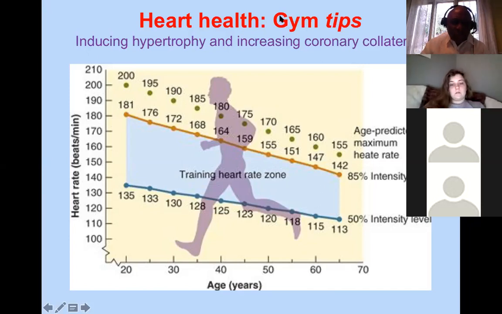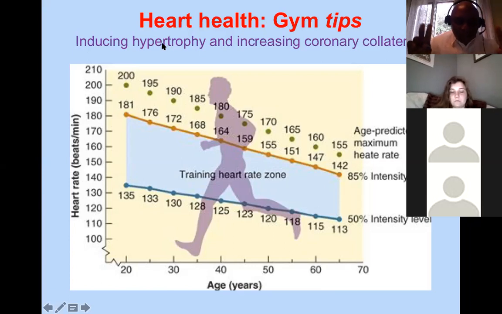Which means 30 minutes, 2 hours of exercise. The bad one, we've already talked about the bad one. The bad one is 24/7. You're locked in the gym.